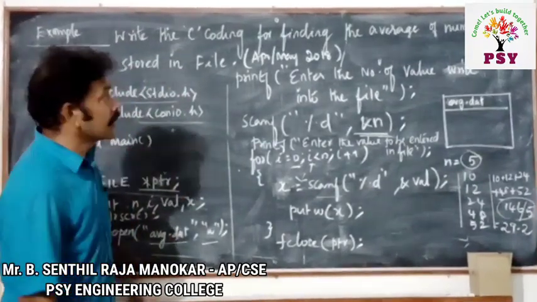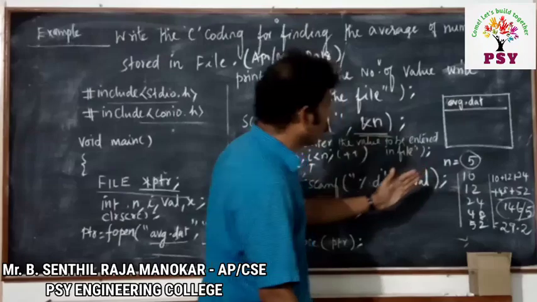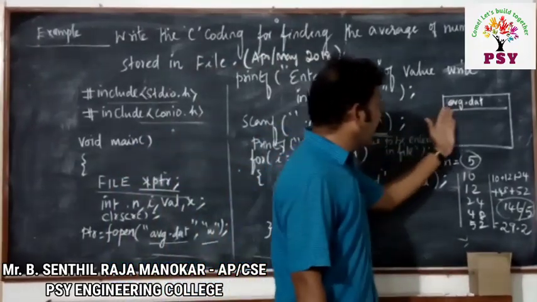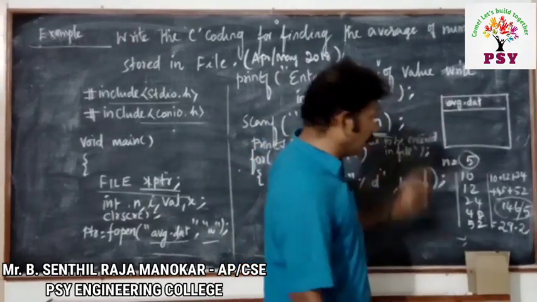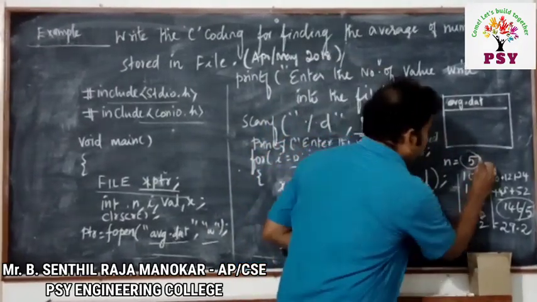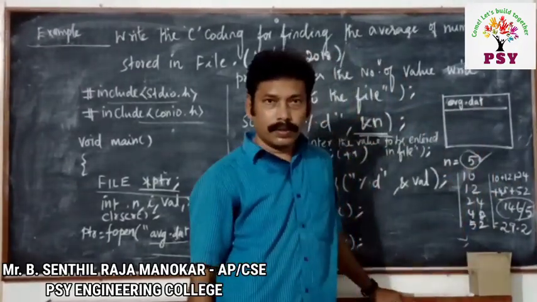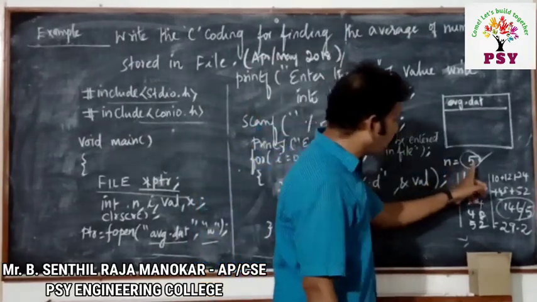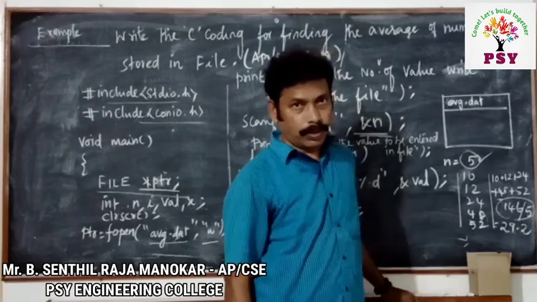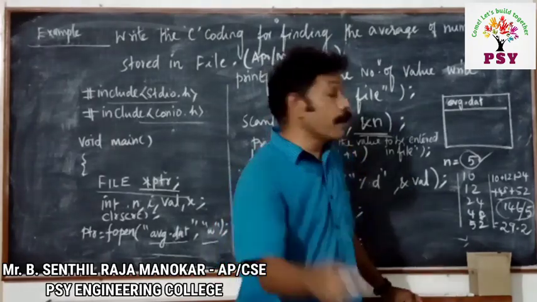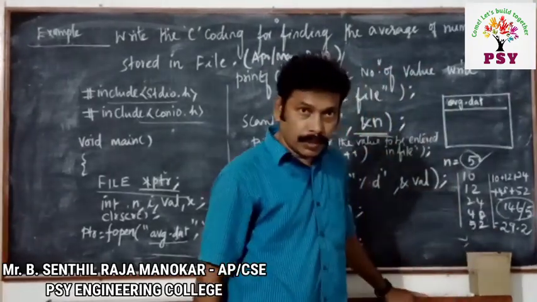So the meaning is, we have a file, the avg.dat file. That file will have 5 values. That is why n is equal to 5. We have to fix that earlier: how many values you are going to enter into that file.